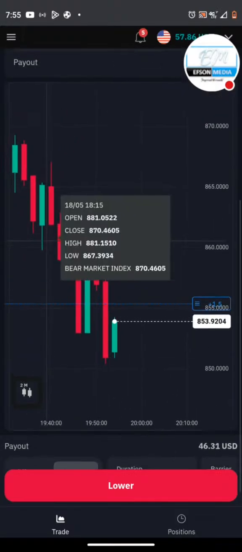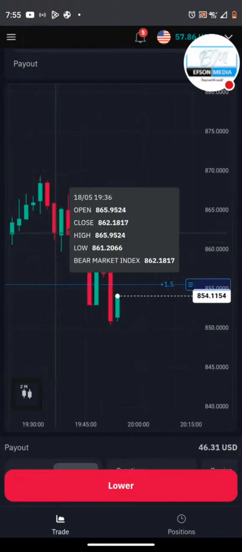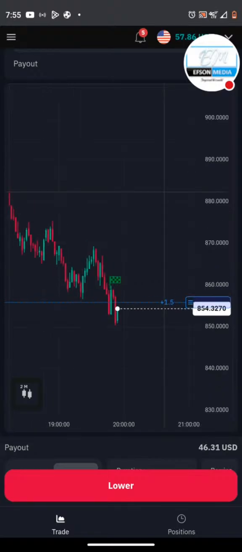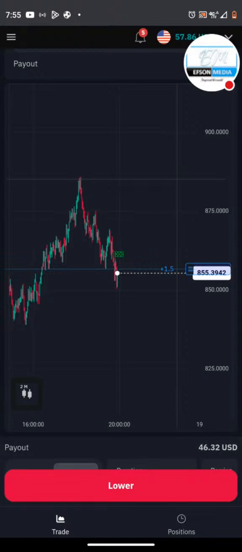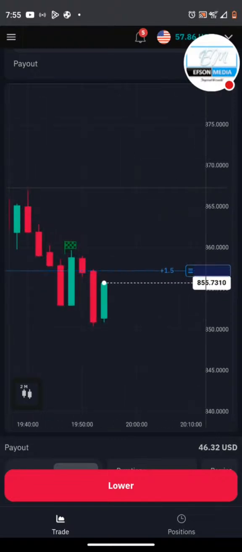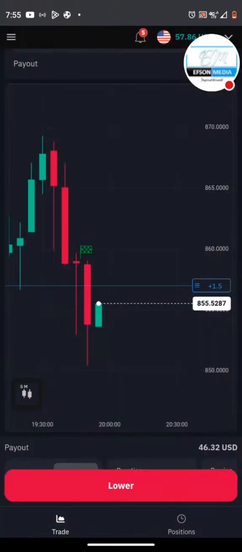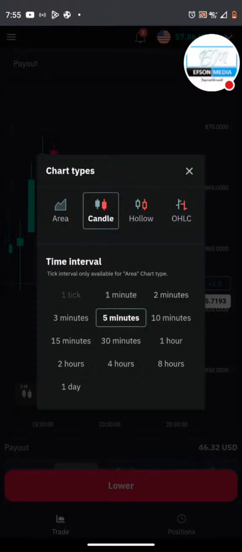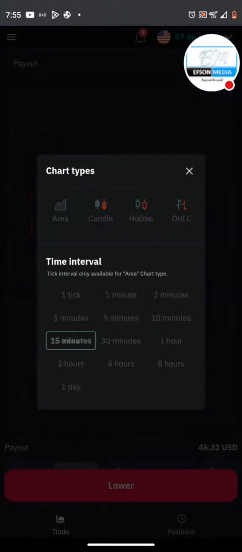So all that we are doing is to monitor the charts to see the movements of the candle. That's a 2 minutes, 5 minutes candle, 15 minutes candle.